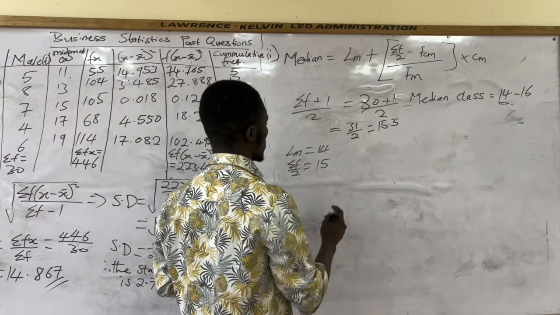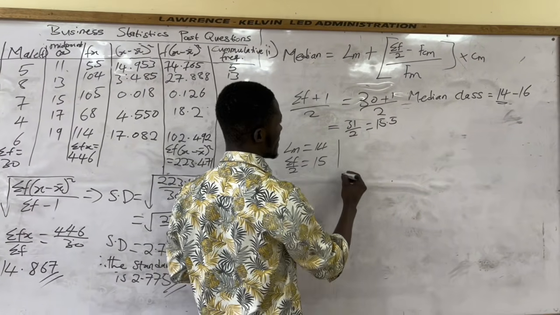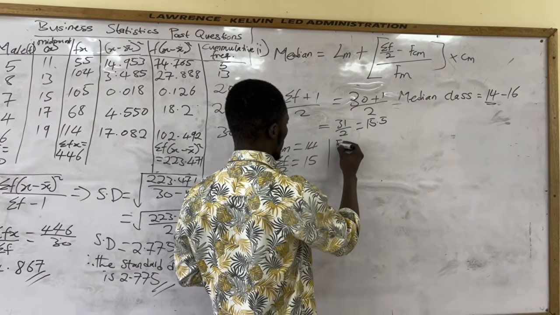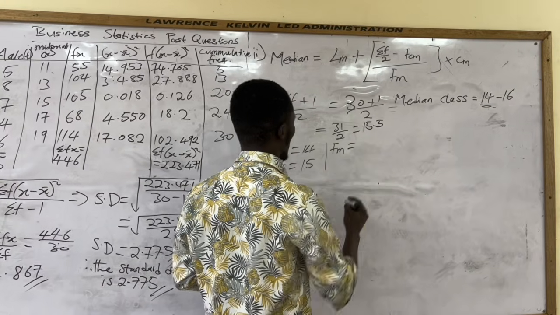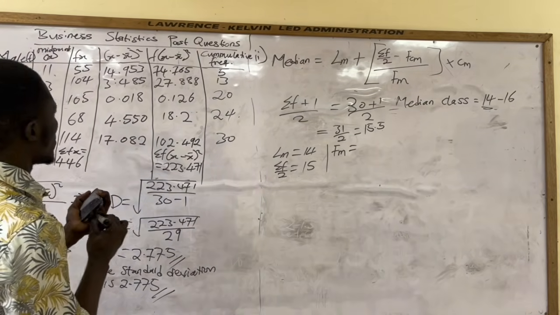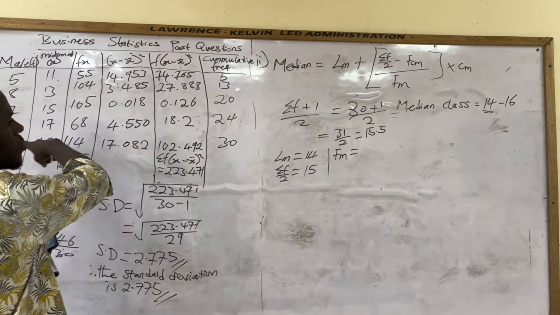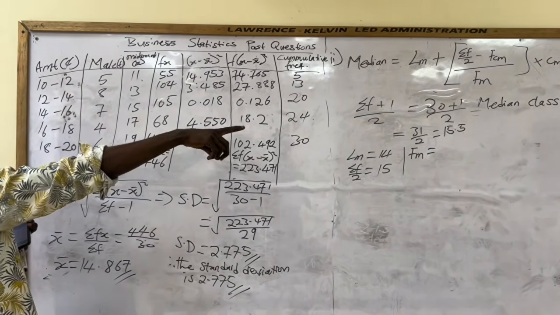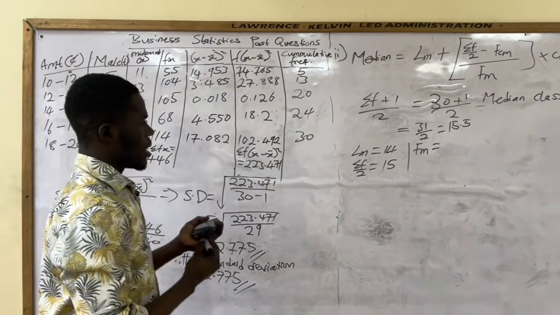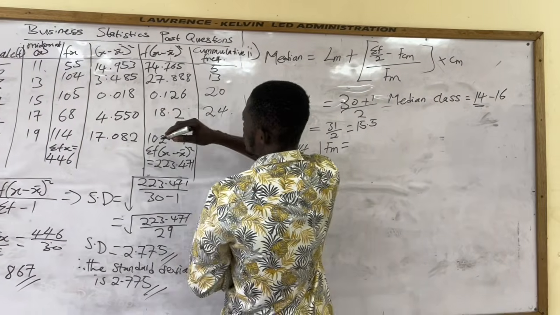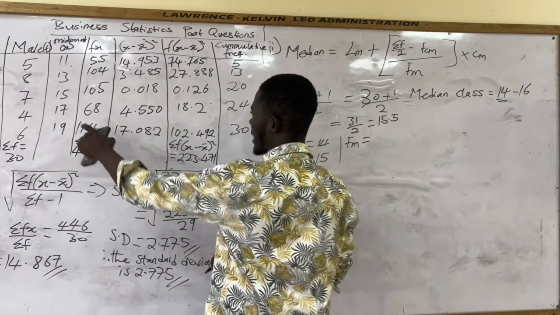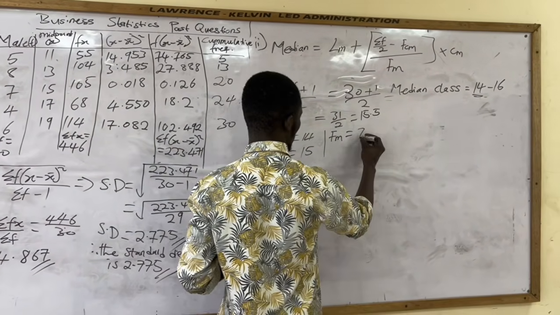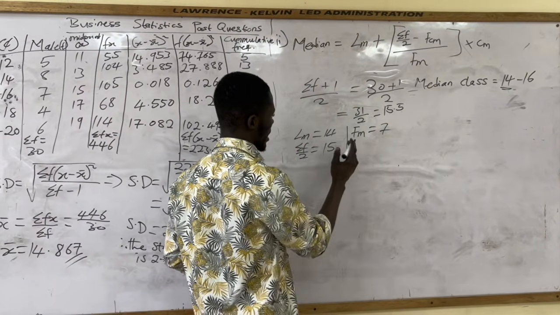And then our FM is the frequency of the median class. So here, if we check the median class, we have 7 as FM.